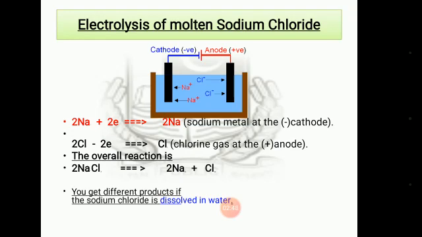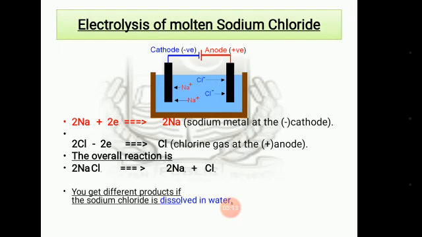Sodium ions take electrons and change into sodium metal at cathode, while chloride ions lose electrons and change into chlorine gas. Overall reaction is sodium chloride changes into sodium metal and chlorine gas.